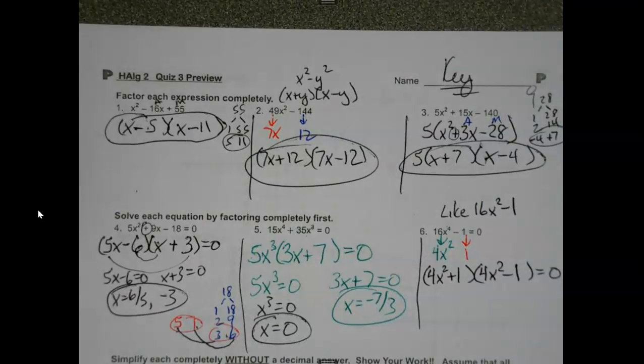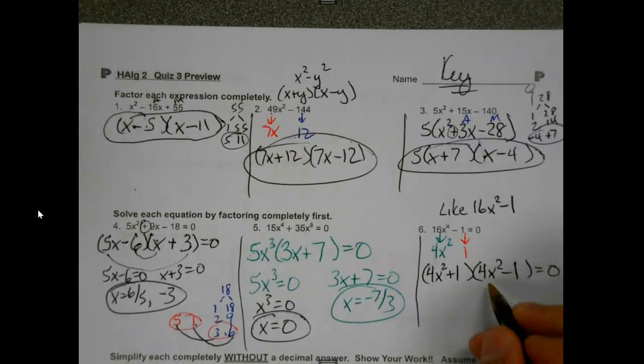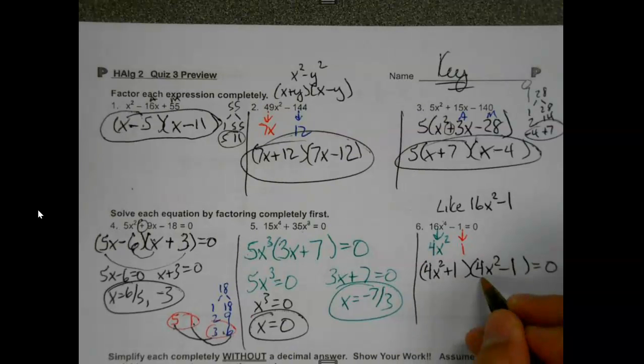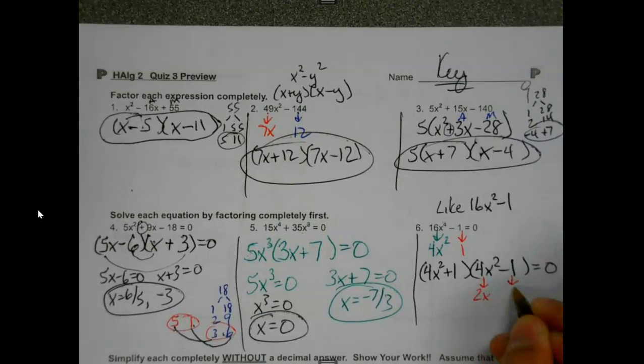Now, could I get to my 2 answers at this point? Yes, I absolutely could. However, big however here, I also, if I notice I've got those 2 on here, I can break this one down again.